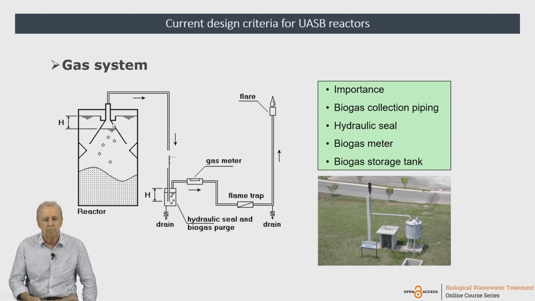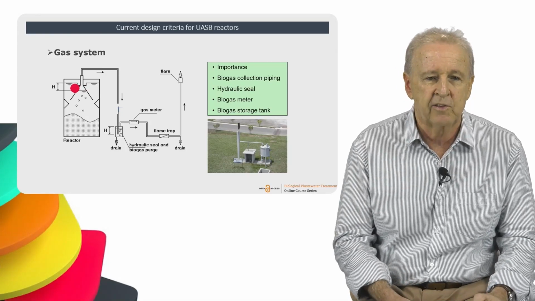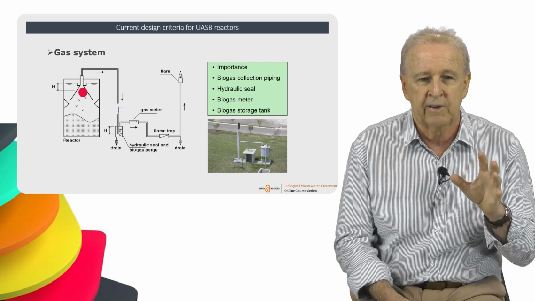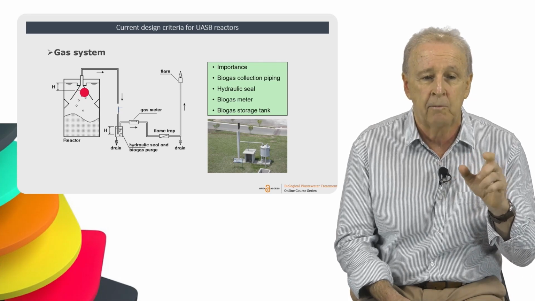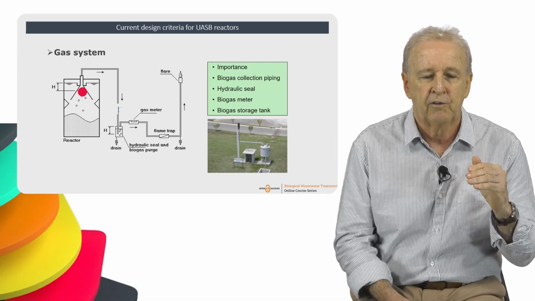This pressure is important to make it easier for the biogas to be released from this upper surface of the liquid, where usually there is an amount of scum that's formed, but this scum should be removed from time to time.